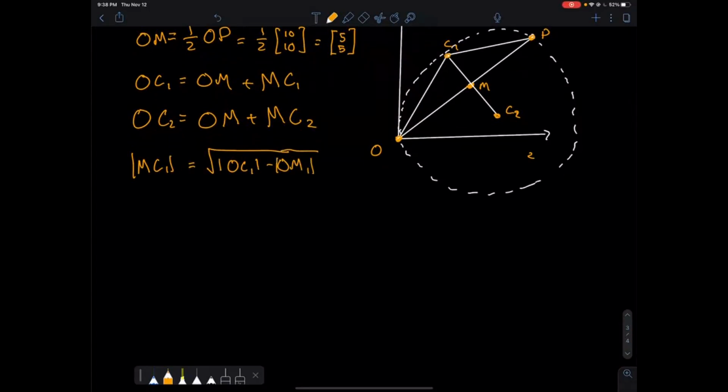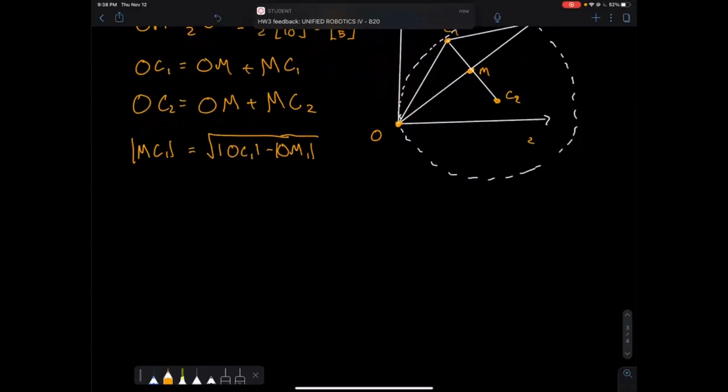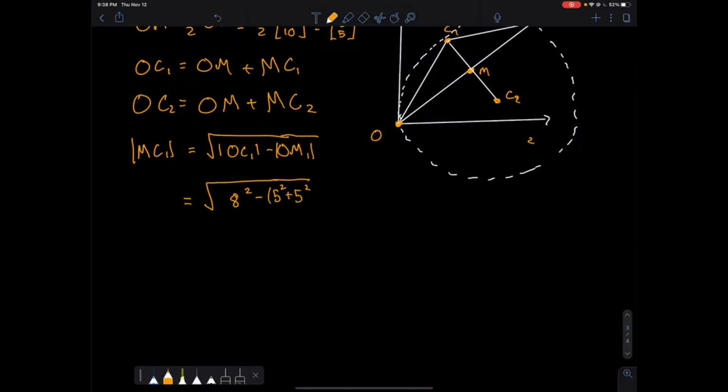This is just solving equation 1 for MC1. Then plugging in the values that we know, our distance from O to C1 is going to be 8 squared, and our distance from M to C1 is going to be 5 squared plus 5 squared. If we solve that, we get a distance of square root 2 times square root of 7.